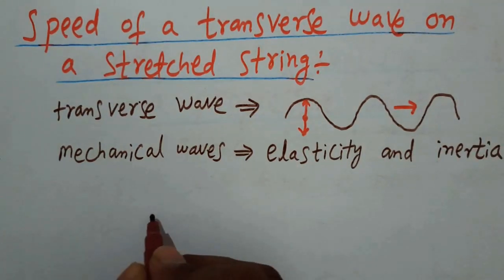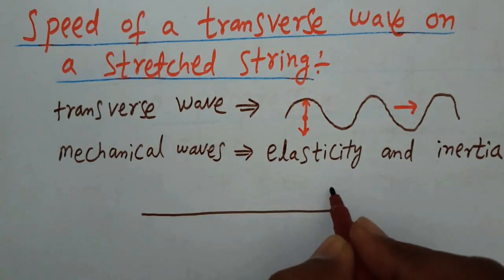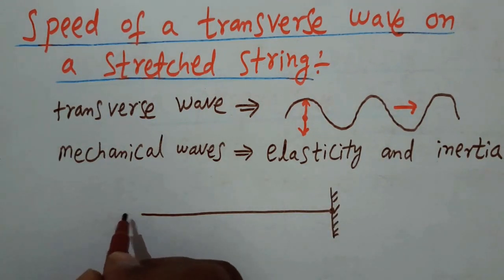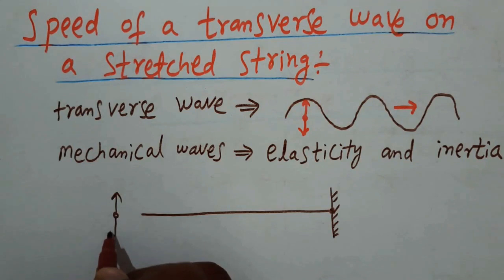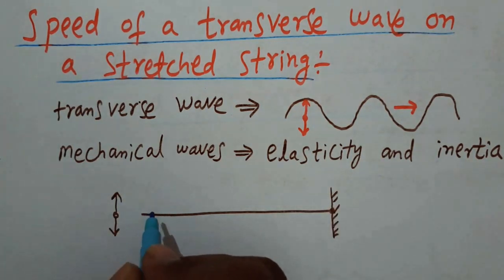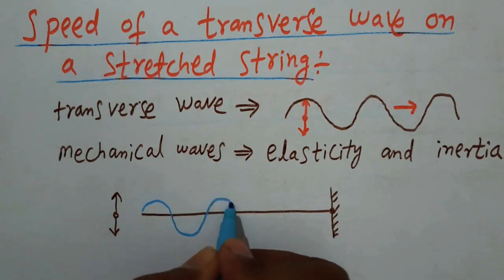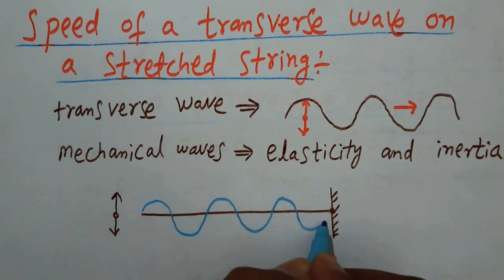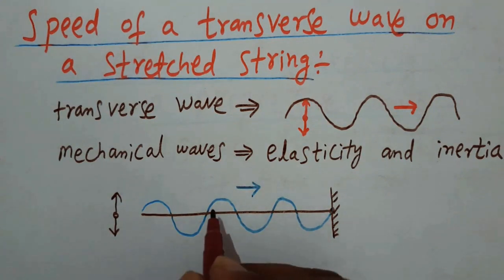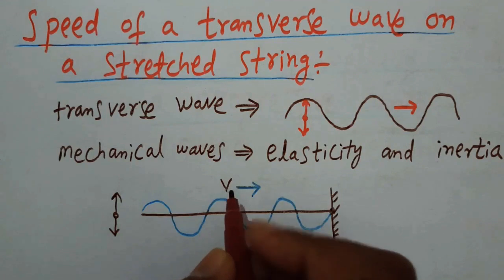Let us take a string with one end fixed to a rigid support, and at the other end, if we shake it, a wave is generated on the string that is propagating in this direction. Let us take the velocity of the wave on a stretched string as v.